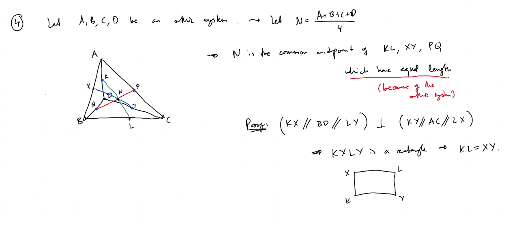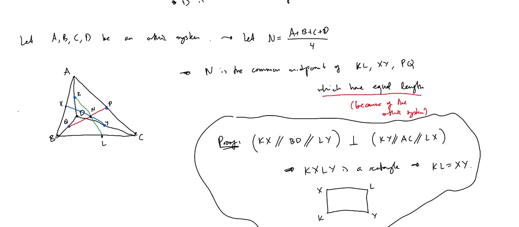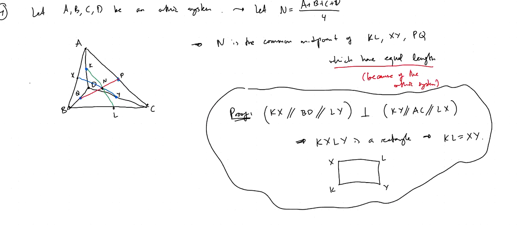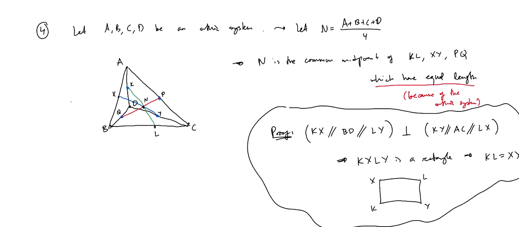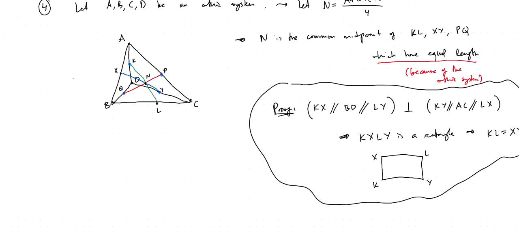therefore, there is a circle at the center N passing through all 6 points. So these 6 points are in a circle with center N, because NK, NL, NQ, NP, NY, NX are equal.